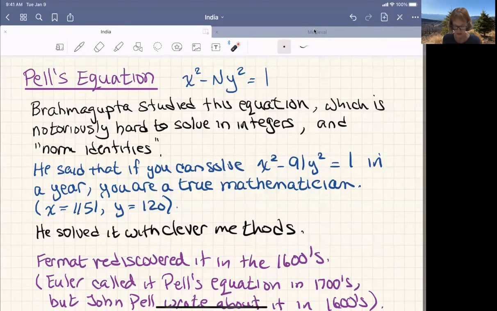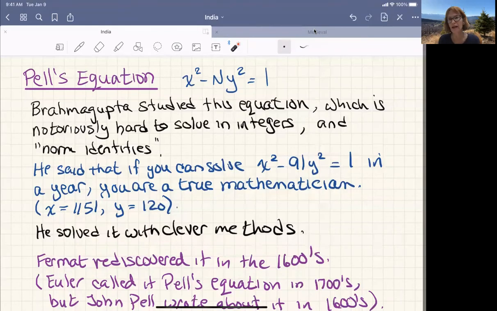So in other words, you take this equation, if you're just looking for any solution at all, that's not hard to do. You can plug in any value at all for X and then solve for Y, for example, and then you get a pair X and Y that solves this equation.